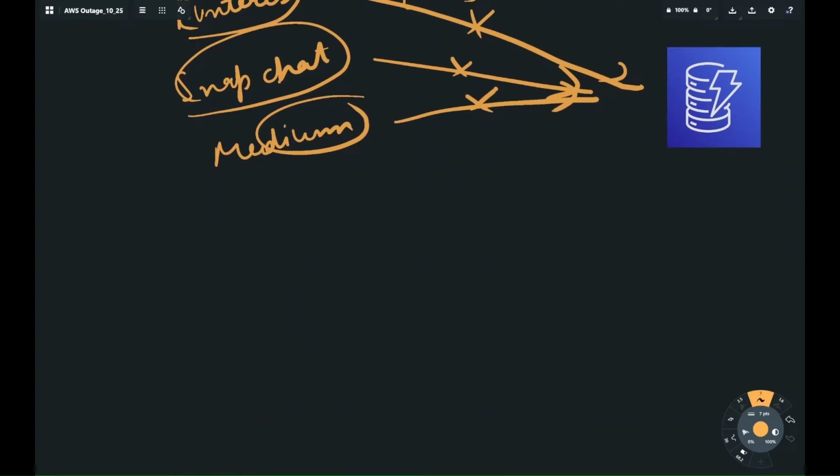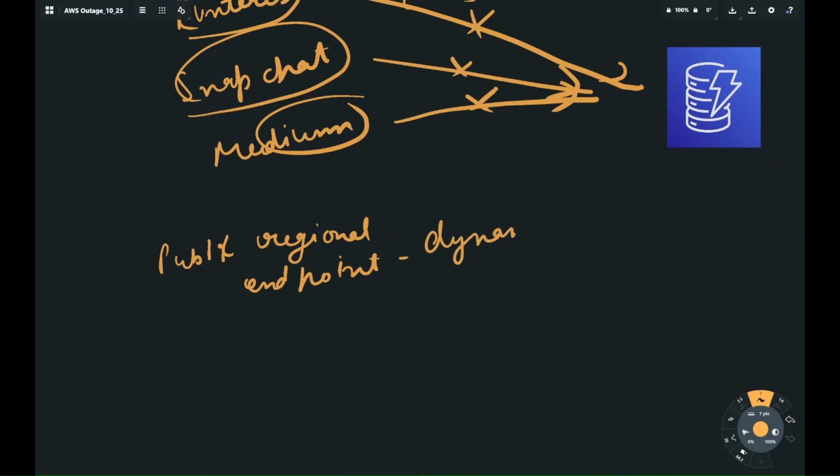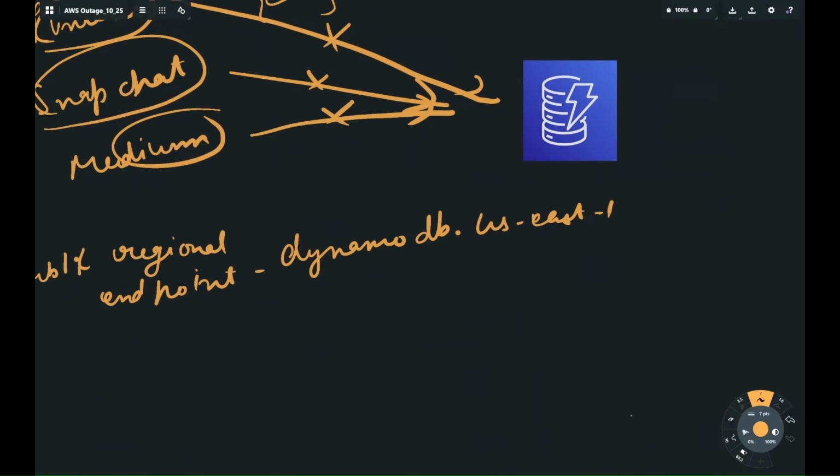Services use a public regional endpoint, which is nothing but a qualified name like dynamodb.us-east1.amazon.aws.com. They use this to connect with the DynamoDB.